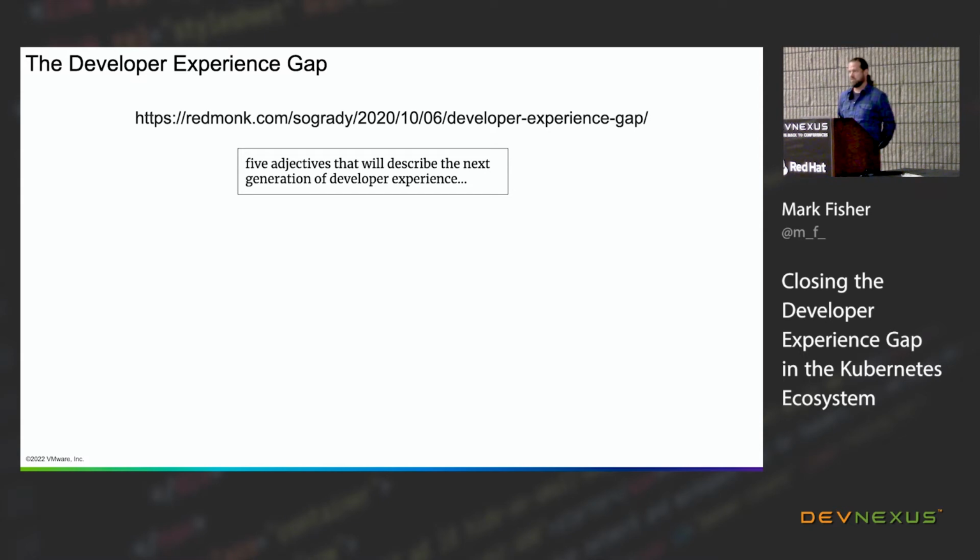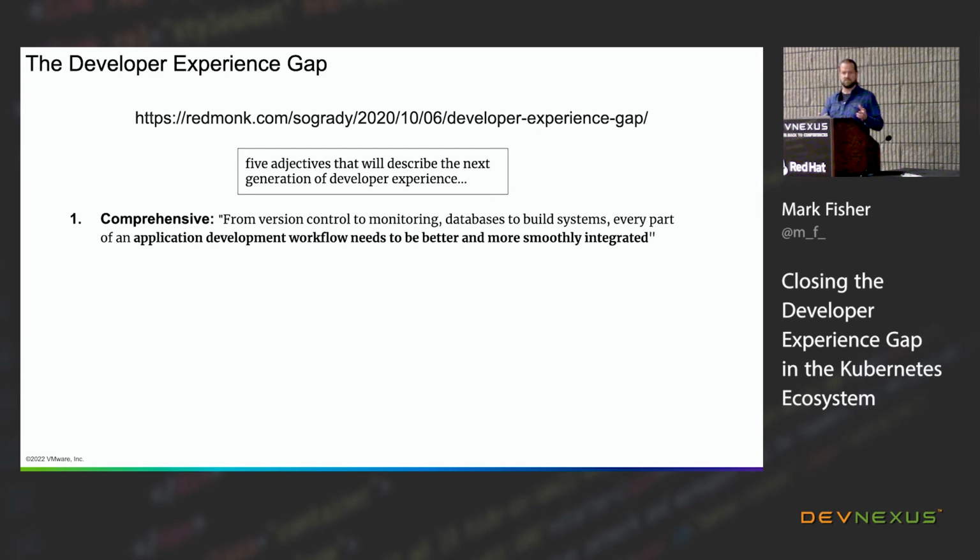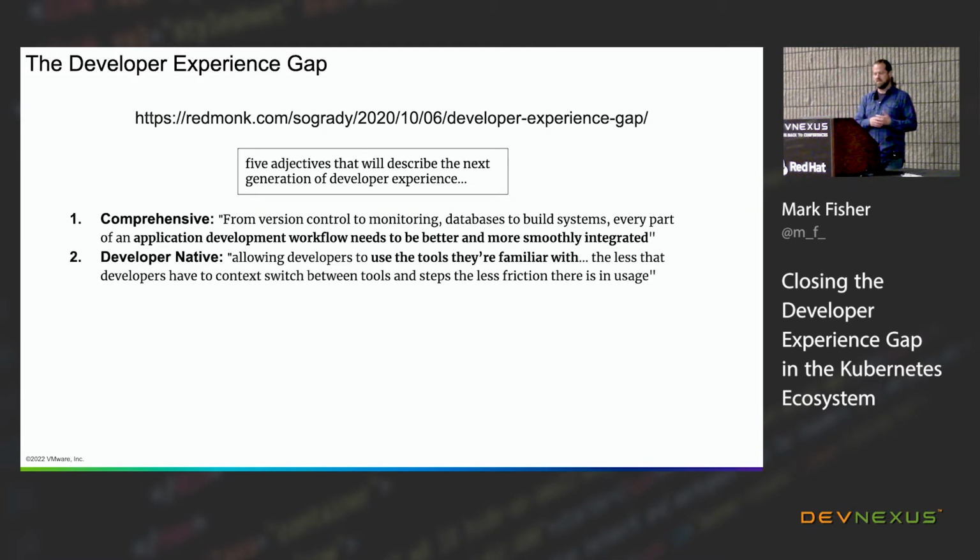And then looking forward, he describes what he thinks the focus should be, that solutions need to be comprehensive. So the more that there are consistent APIs, things can be plugged together like Lego blocks. That part can be much more efficient. Also, developers need tools that meet them where they are. This is one reason that GitOps is popular right now, because developers are used to working with Git.